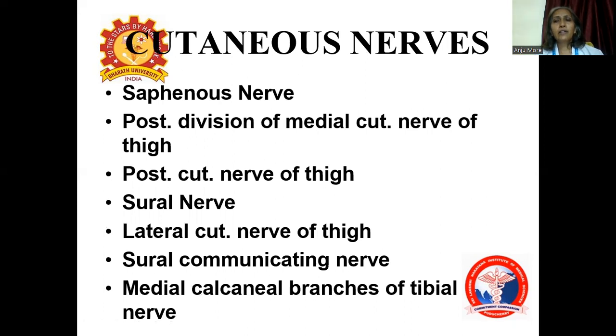So the cutaneous nerves in the posterior compartment are the nerves which supply the skin over the posterior compartment of leg. These include the saphenous nerve, posterior division of medial cutaneous nerve of thigh, posterior cutaneous nerve of thigh, sural nerve, lateral cutaneous nerve of thigh, sural communicating nerve, and medial calcaneal branches of tibial nerve.